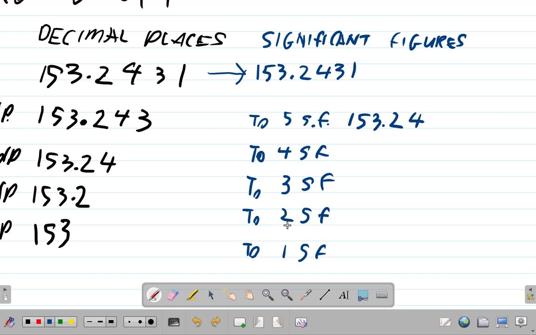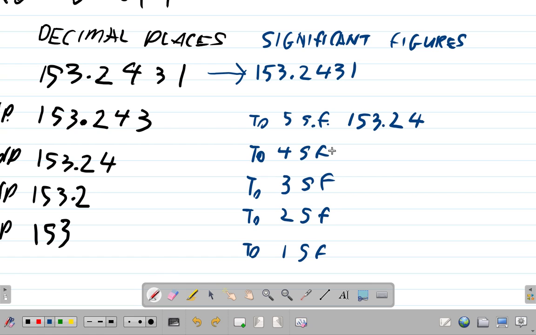Significant figures are those figures that affect the number. We will look at other examples after this and see those figures that are not significant. But anyway, let's continue with this. 4 significant figures. We count them off. 1, the first, second, third, fourth.